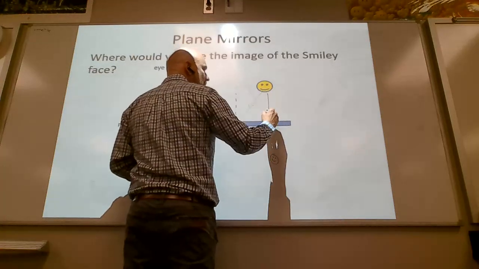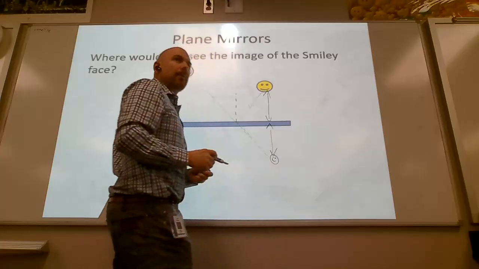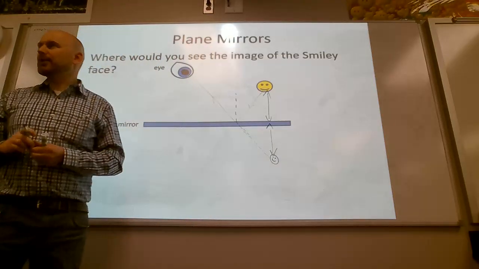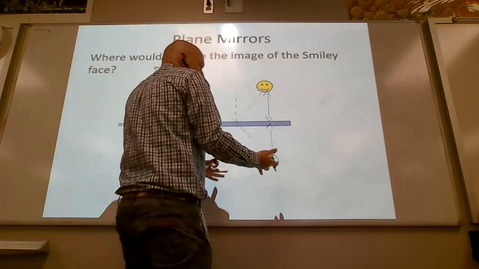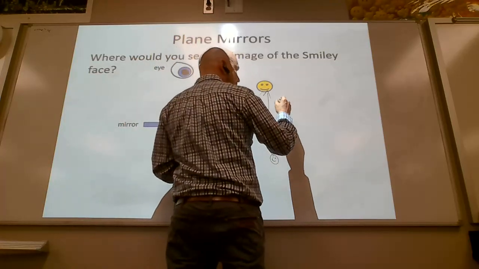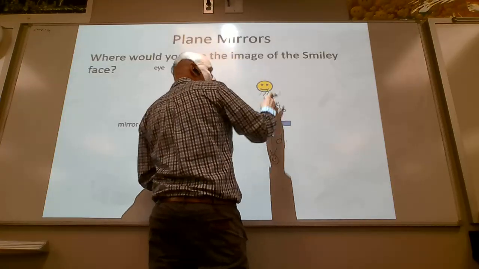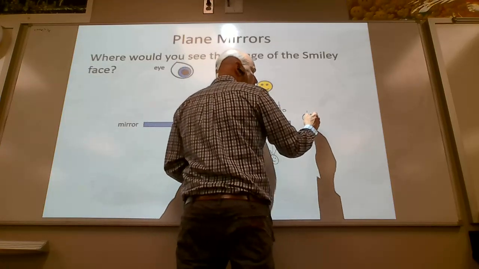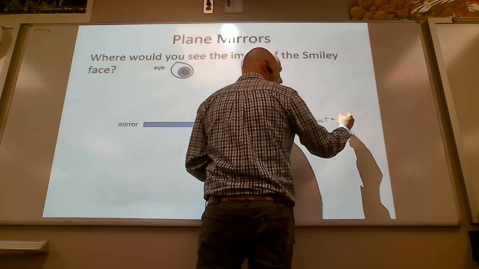So if you've ever seen a baby or a dog or a cat play with their reflection in the mirror, they see this other thing a certain distance away, depending on how far they are away. So your object distance is going to be equal to your image distance.